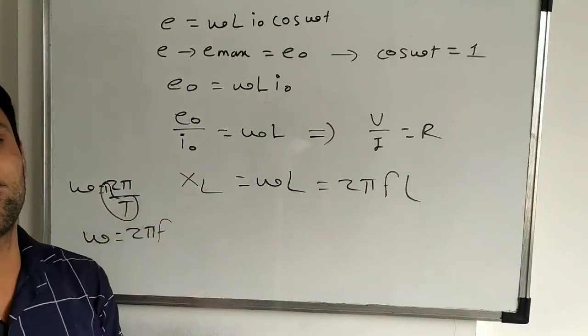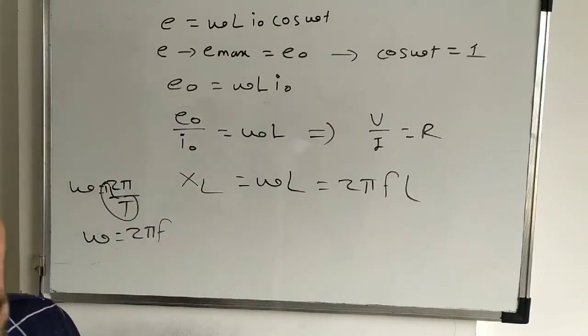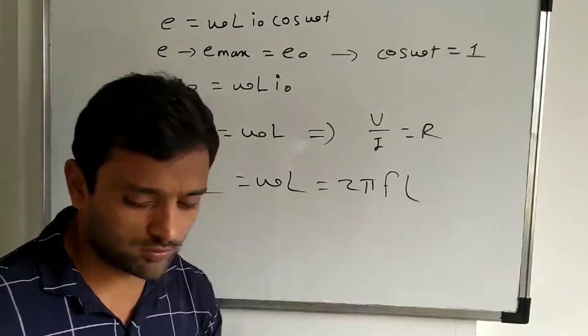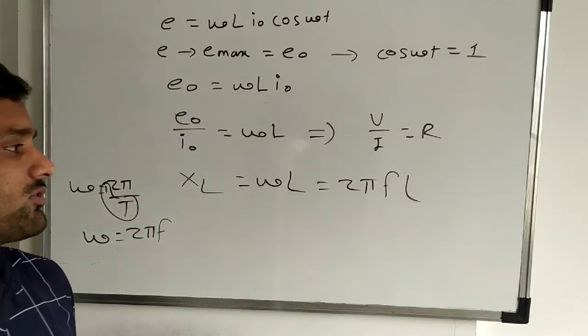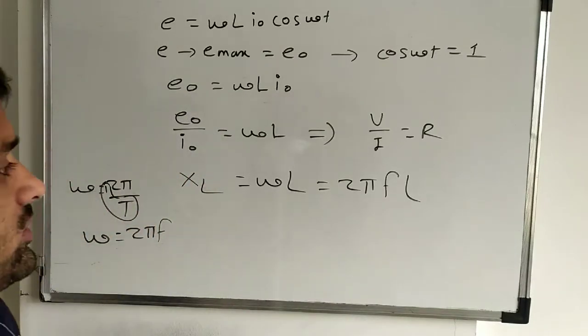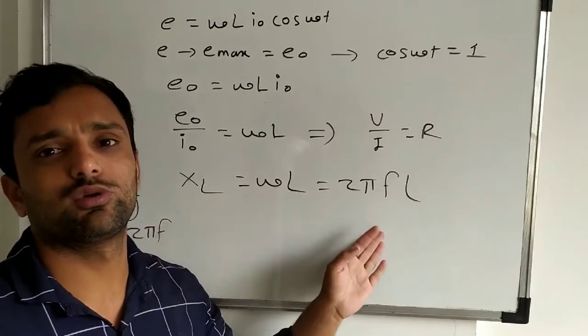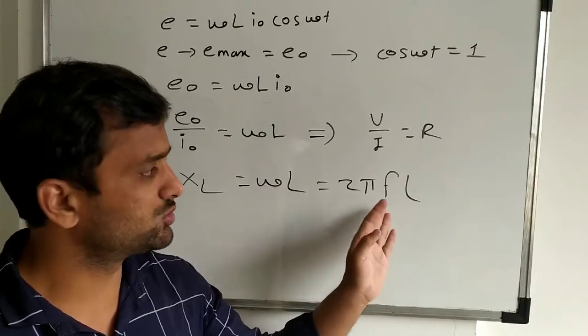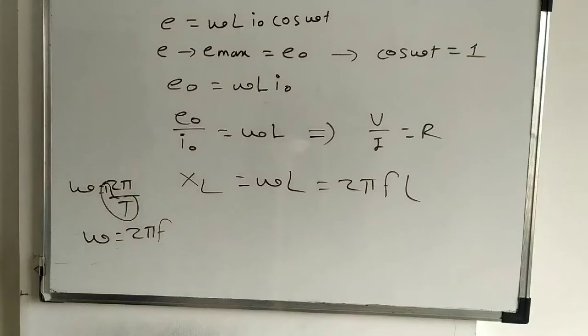Then the effective opposition offered by the inductor is given by 2 pi f L. From this we can conclude that the opposition is directly proportional to the frequency and the inductance of the inductor.